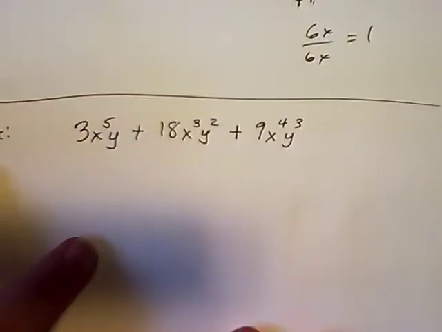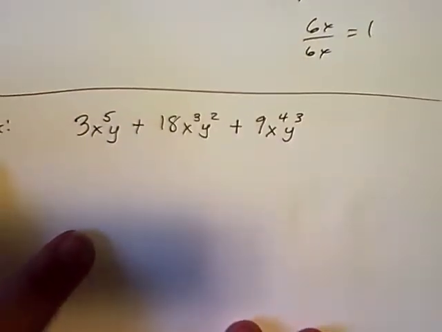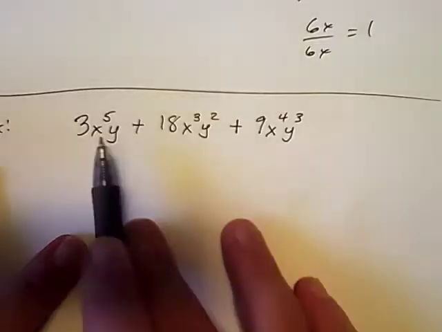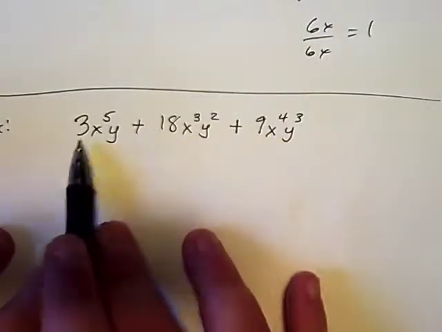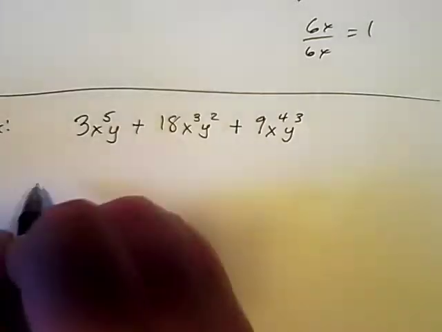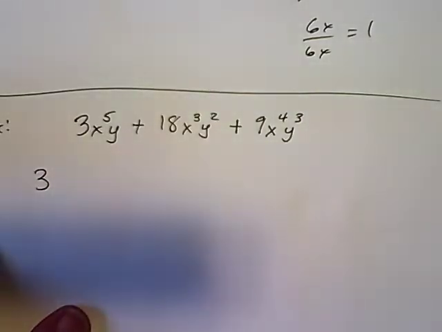Okay. So now I have a bunch of numbers and a bunch of variables, and that's okay. Well, between a 3, 18, and a 9, I already know they all have a 3 in common.